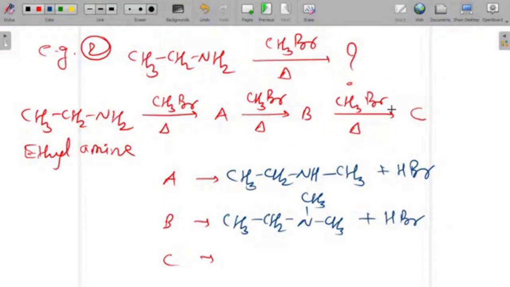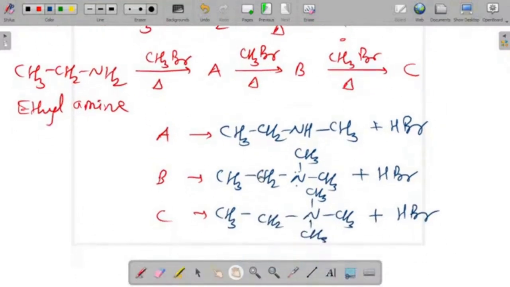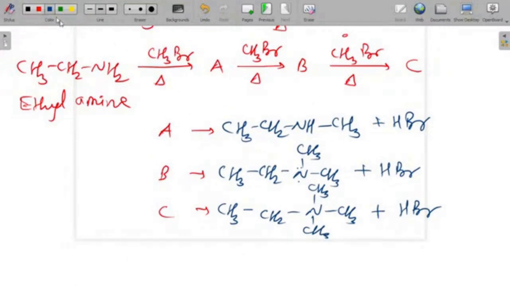Again, when this C product is going to form, the nitrogen which contains the lone pair of electrons reacts with this methyl group, and here you will get the product CH3CH2N(CH3)(CH3)CH3, a tetra alkyl substituted product. Okay, if I take this a little bit upside.